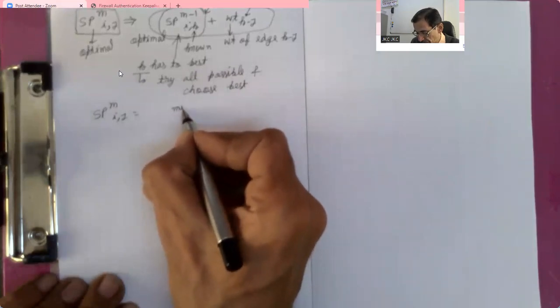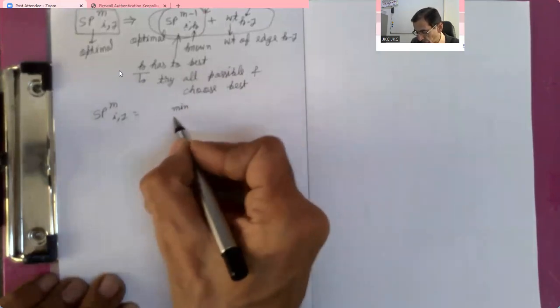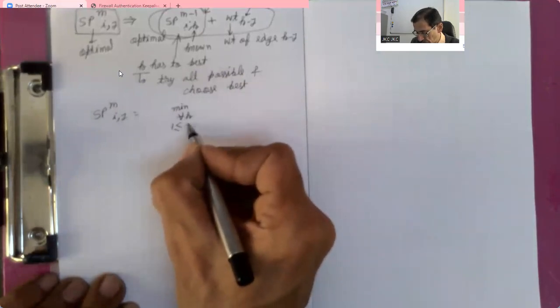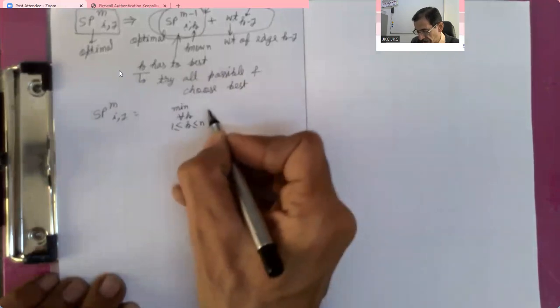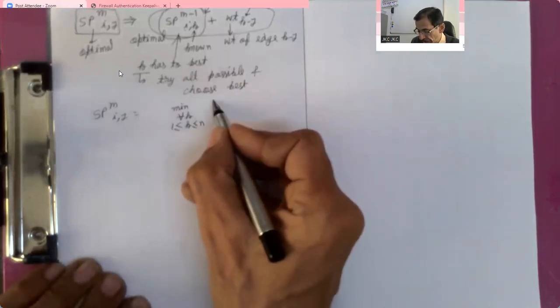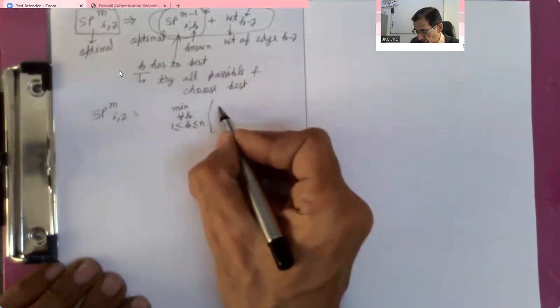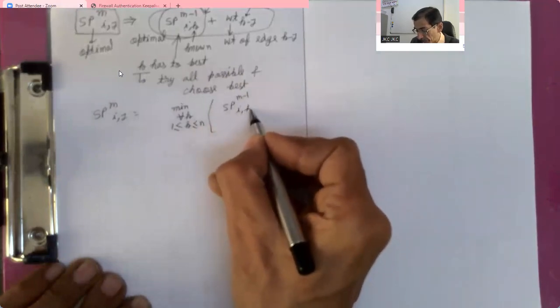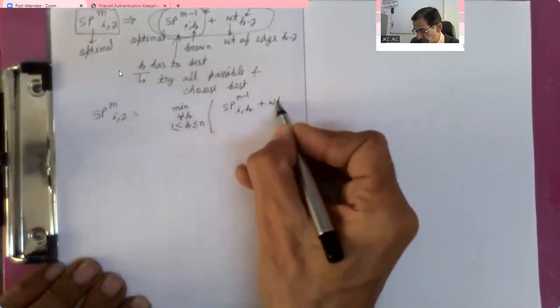For all k, I will try 1 less than or equal to k less than or equal to n. K can be any of these values, and I would like to find the minimum out of SP of m minus 1, ik, plus weight kj.